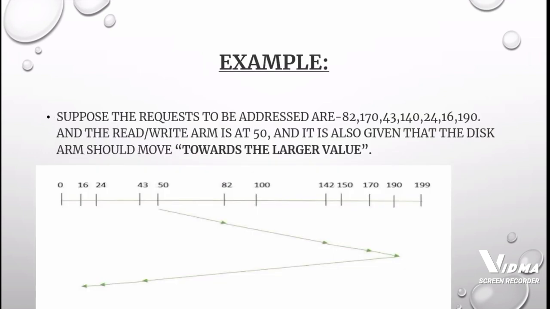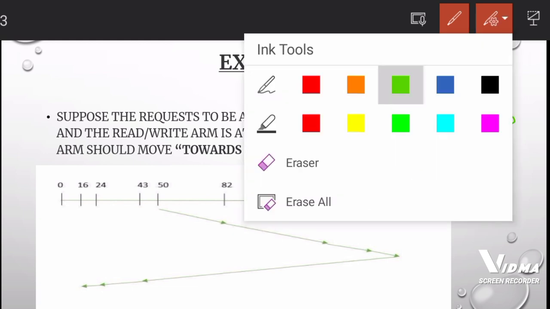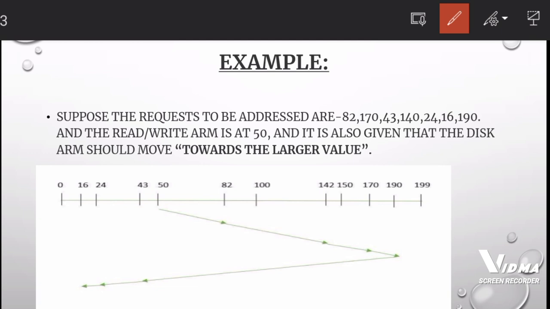So here is an example. There are some request addresses given like 82, 170, 43, 140, 24, 16, 190. Firstly, we will start from 0 to the highest request given, plus 10. We will arrange this on a particular line, and as you can see the read-write head starts at 50.